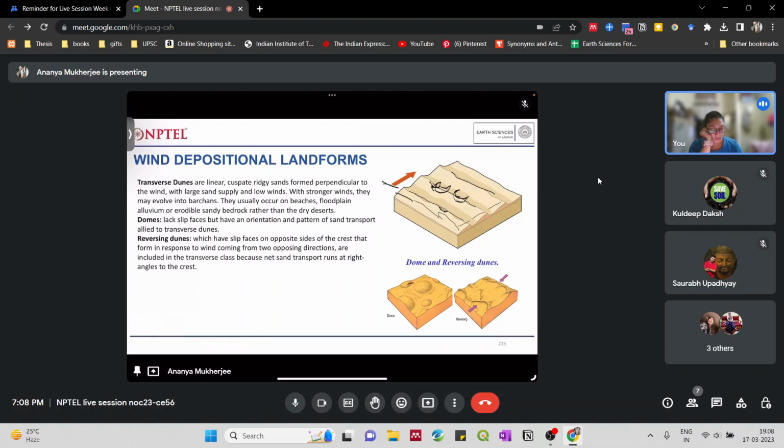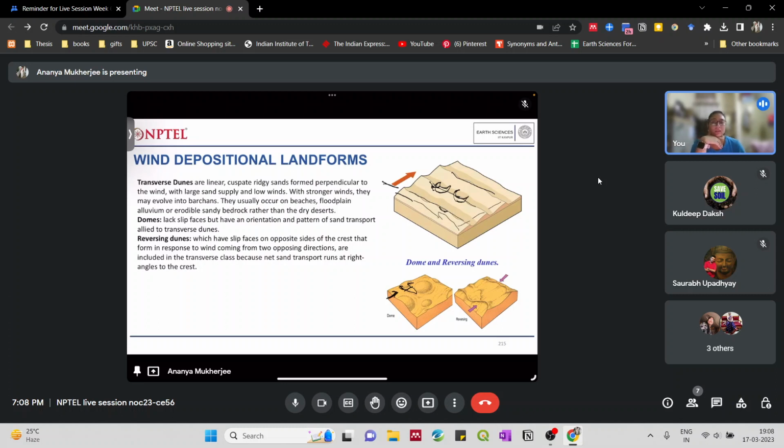Maybe the wind side is this side. They are not linear in nature, but when the sand goes, it can transfer the sand here, because there is an obstruction over here, so some of the sand supply can go here. That is how even domes could be a type of transverse dunes.